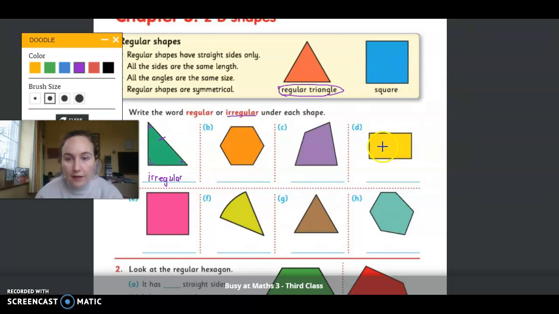We saw that, but a rectangle is not a regular shape. It's an irregular shape. So looking here at D, it's an irregular shape. Even though you might say, well, Miss Walsh, it has all straight sides and its angles are the same and it's symmetrical.